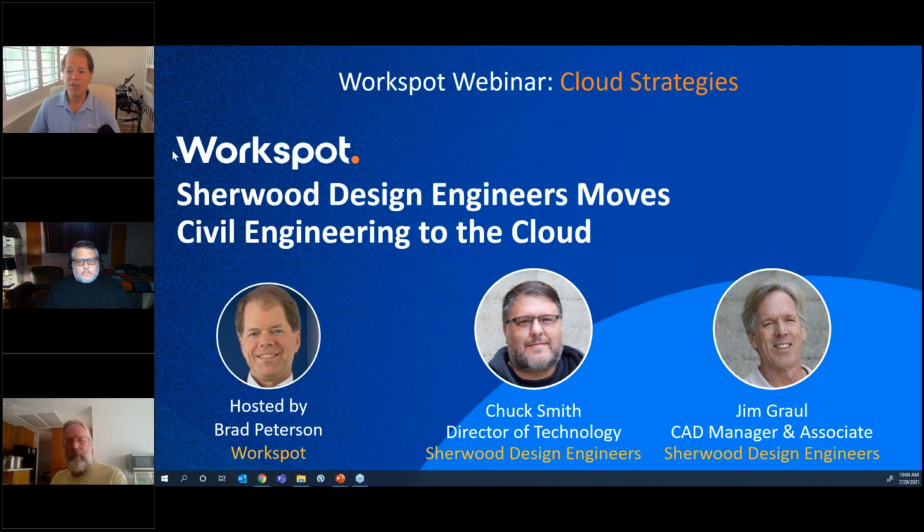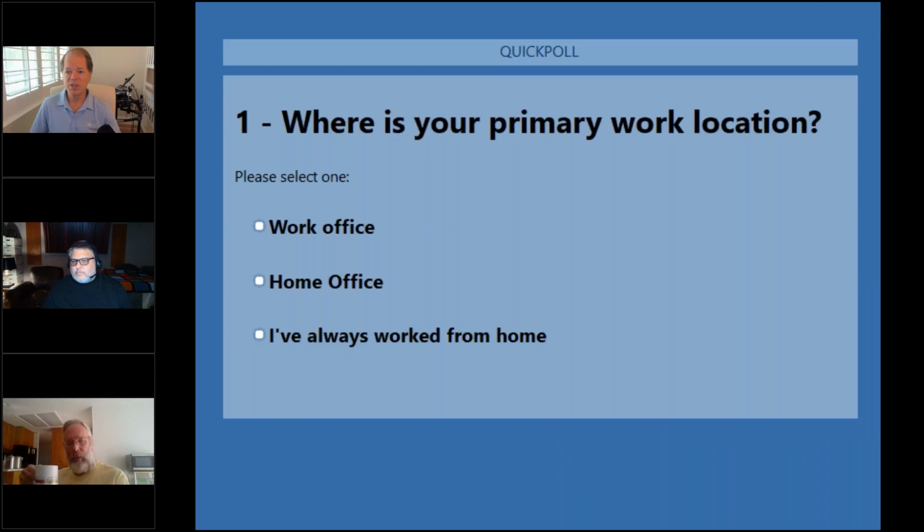First thing I'd like to do, though, is fire off a little polling question and ask you guys, get some dialogue going, find out where your primary work location is. So is that working from the office, or are you at home, or where are you at these days? Or maybe you've always worked at home. That's a possibility also, and so the notion of still working at home hasn't changed much.